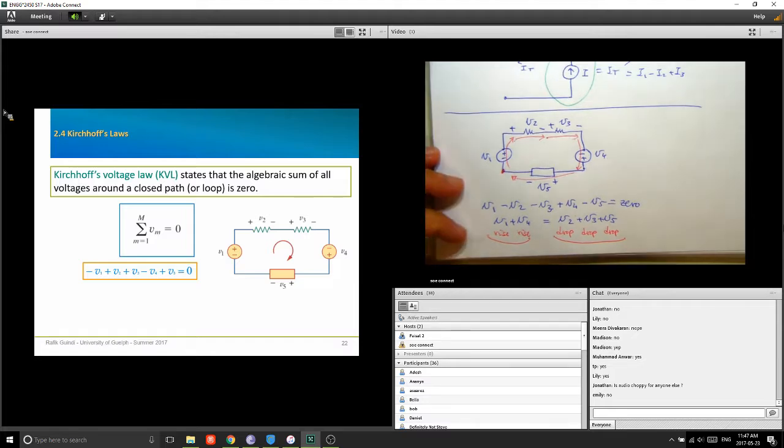What you're trying to write for a proper KVL is that the sum of the voltage rises has to be equal to the sum of the voltage drops. Okay? That's basically what KVL is trying to tell us.